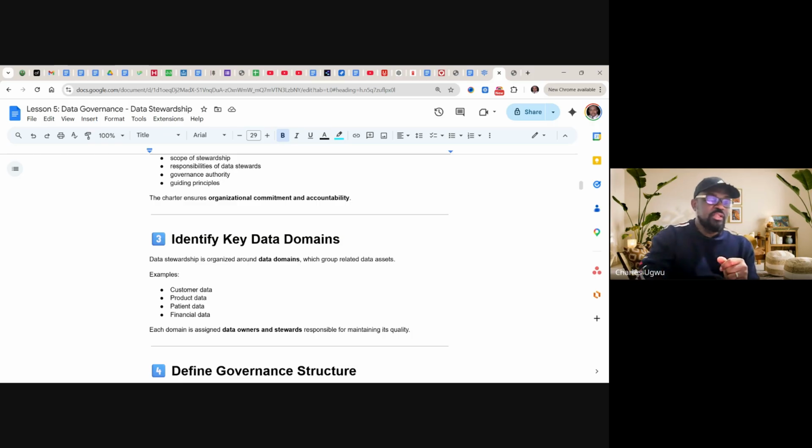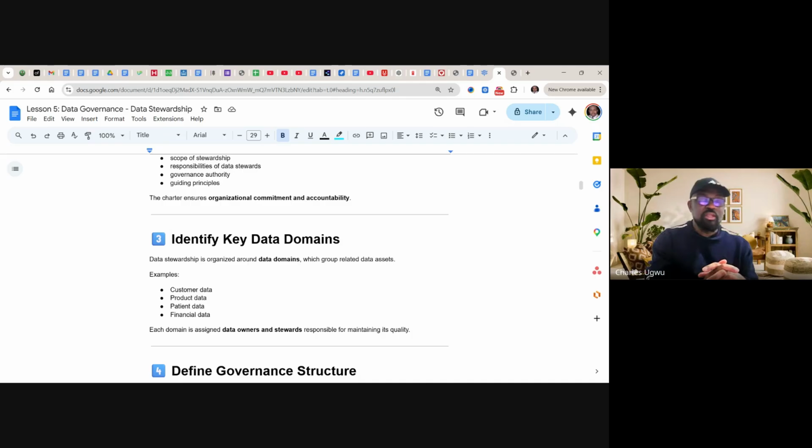So if we have different stewards working on different domains, for instance, here we say Charity is in charge of customer data as a steward, and Tunde is in charge of product. If anything happened to customer data, we are not going to hold Tunde responsible.